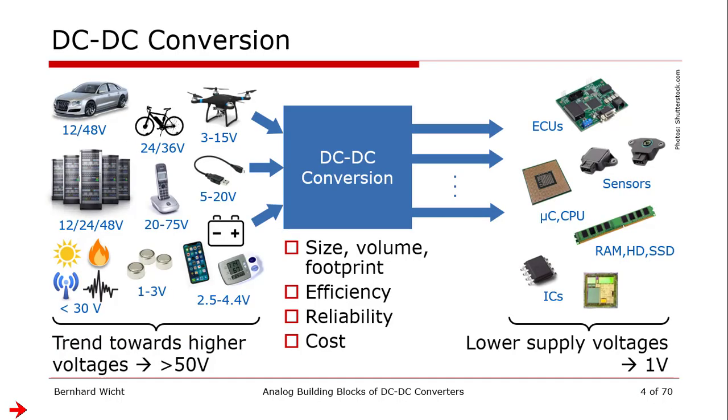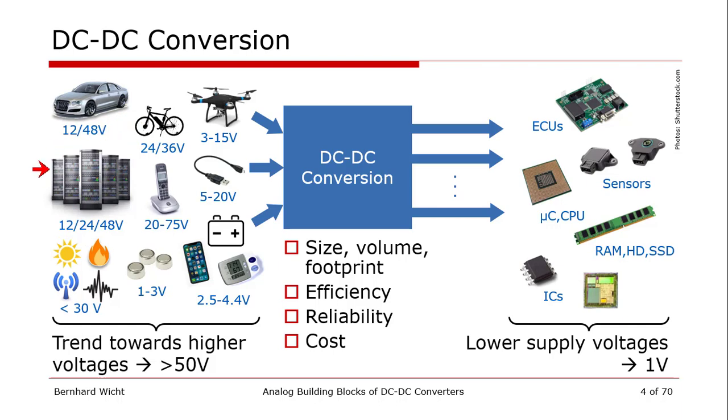So, introduction. DC-DC converters are the major field in the growing topic of power management. There is an increasing variety of energy sources. It ranges from a few millivolts we get from energy harvesting up to higher voltages in the range of 100 volts.